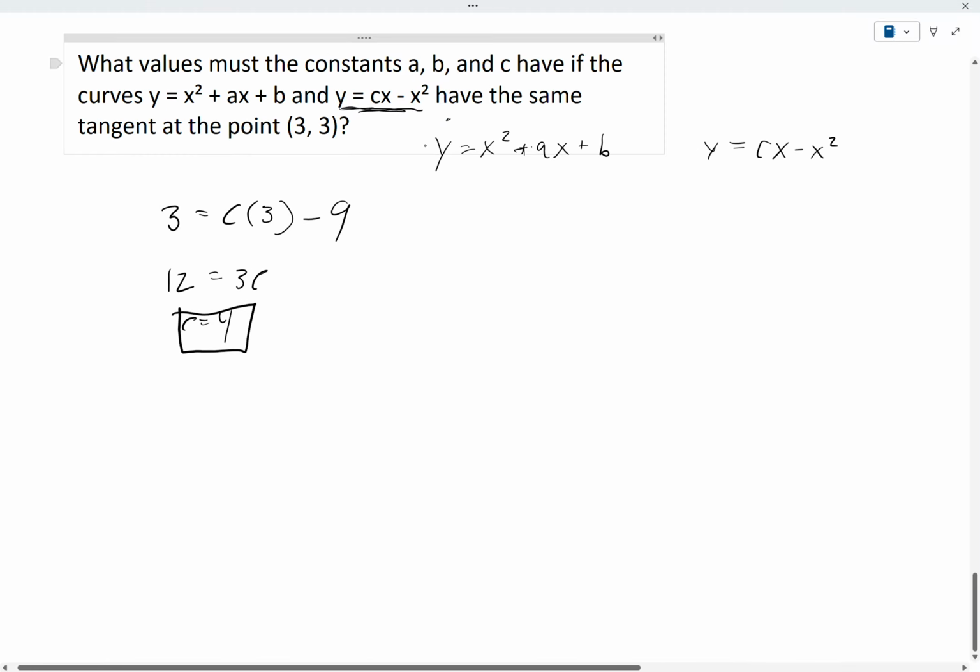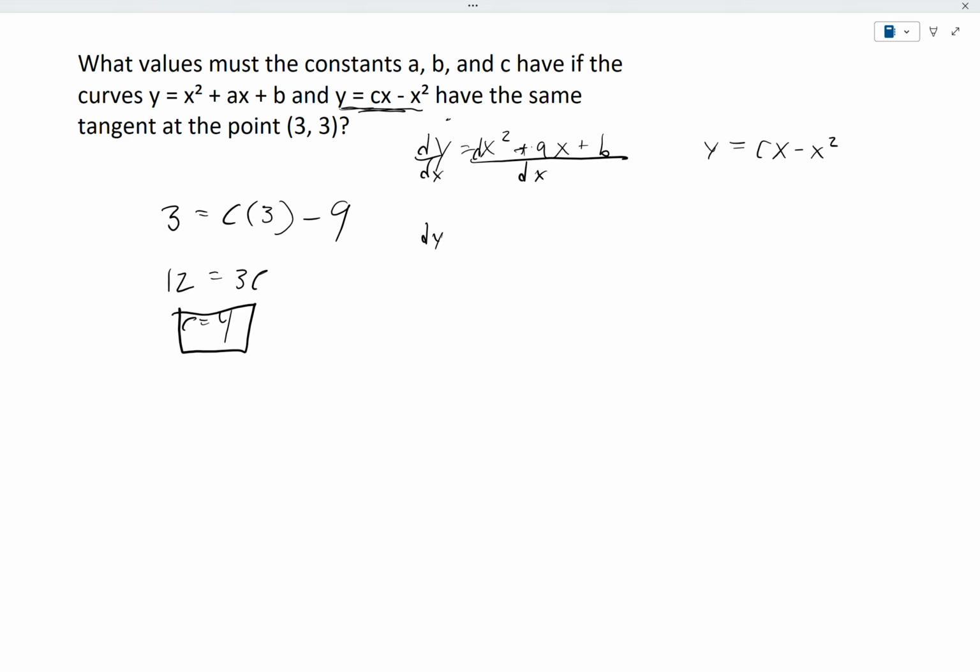So for the first equation here, take the derivative of each side, and I get dy over dx is equal to the derivative of the first term, which is just the power rule, the derivative of the second term is just the power rule, and then I have the derivative of a constant after that, which is just nothing. So this is what I get.